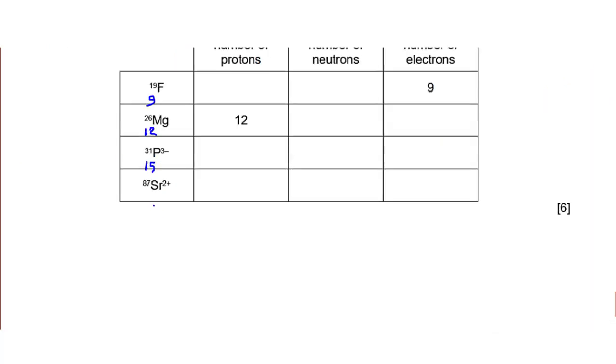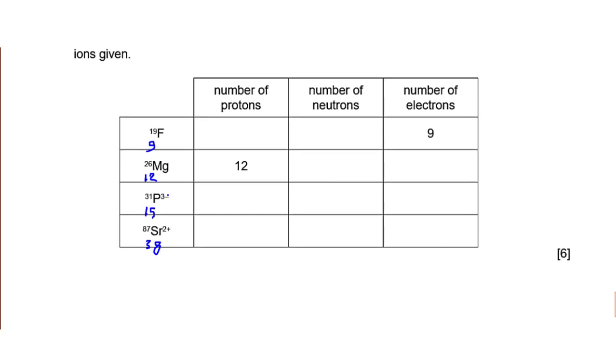So by knowing this proton number, now we can complete the table simply. Now let's go for number of protons. You know this 9, it's called proton number. So here number of protons is going to be 9. Because here we don't have any charge, it means it's neutral. It means number of protons equals number of electrons.